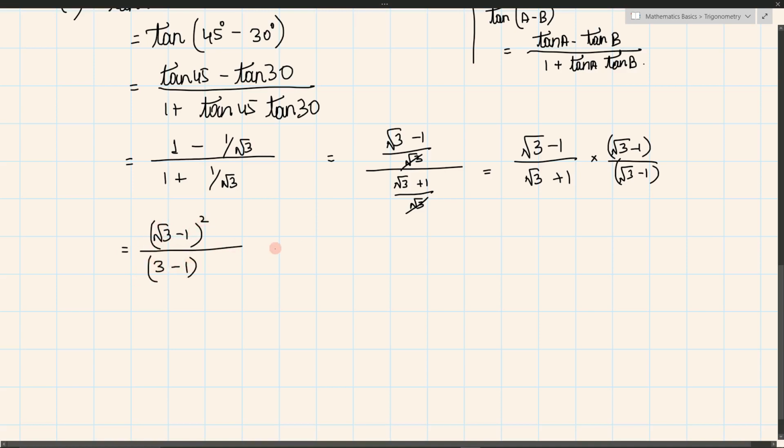So if we expand this, we'll have 3 plus 1 minus 2 root 3 whole divided by 2. So we'll have 3 plus 1 is 4, 4 divided by 2 is 2, minus 2 gets cancelled, we have root 3, so 2 minus root 3.